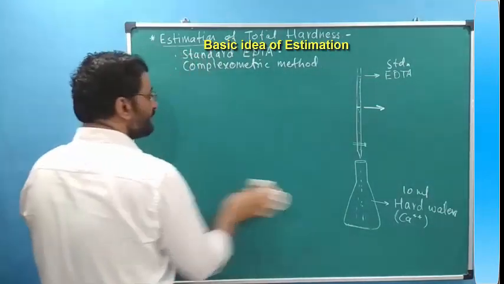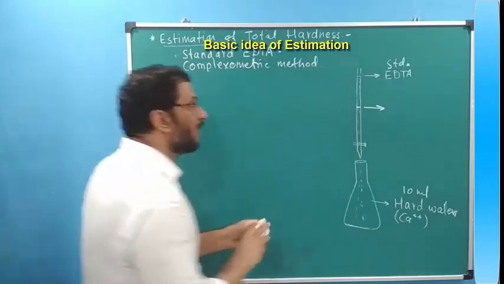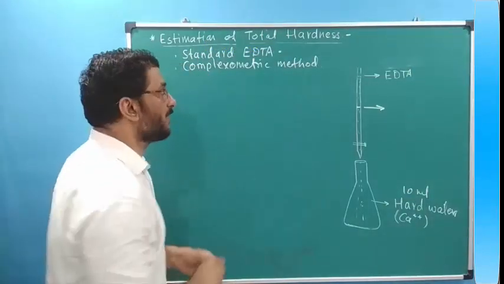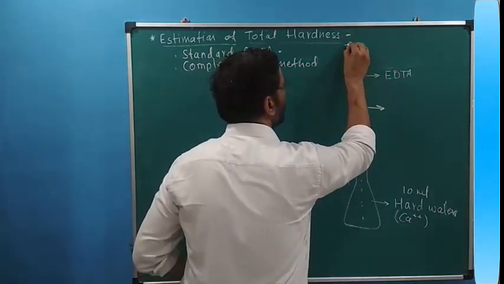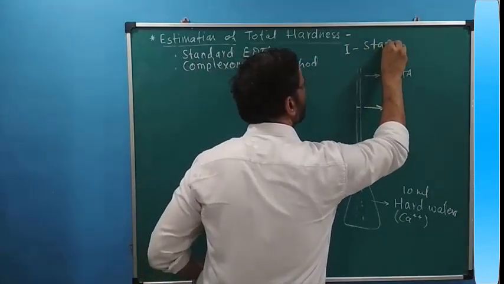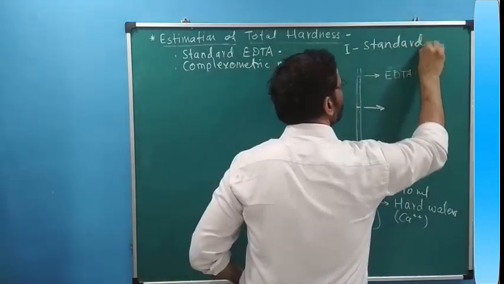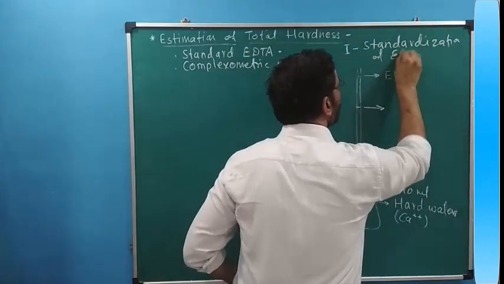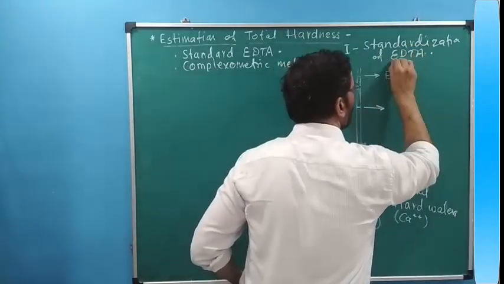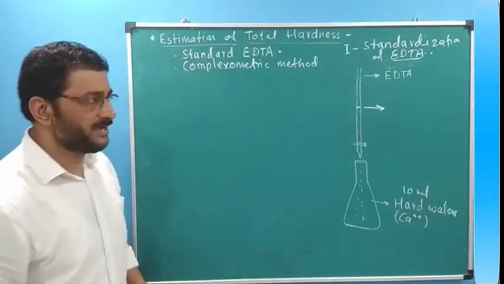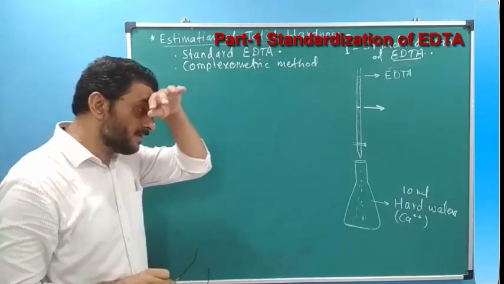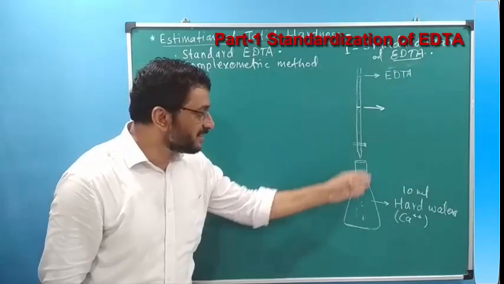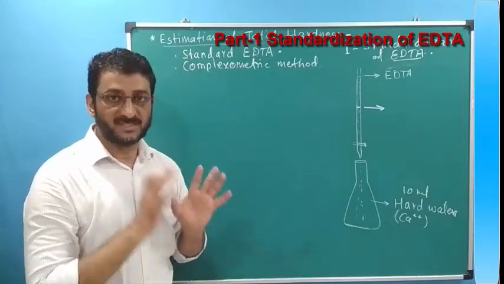Now, for simplicity of the experiment, we will divide the experiment into two parts. I will write part 1 here. What is part 1? It is making EDTA standard, called standardization of EDTA. The meaning of this is that the EDTA I am using in the estimation part should be standard.